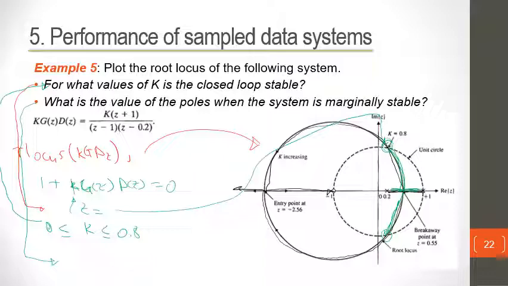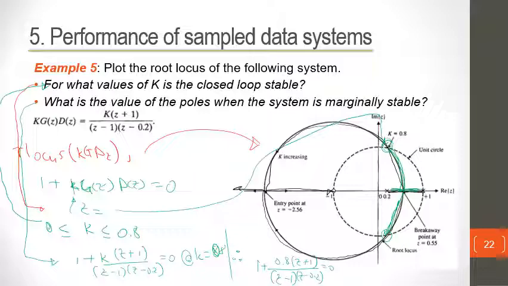Or, for instance, in this instance, you can do 1 plus k times z plus 1 over z minus 1 and z minus 0.2 is equal to 0. And then you know this happens when k is equal to 0.8. And then you can say, therefore, this means that 1 plus 0.8 times z plus 1 over z minus 1 times z minus 0.2 is equal to 0.